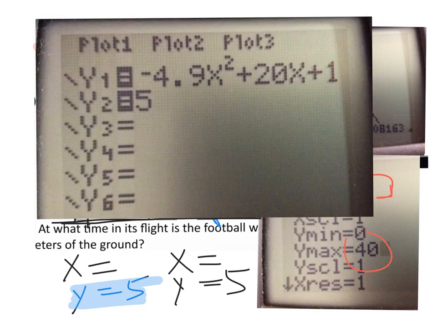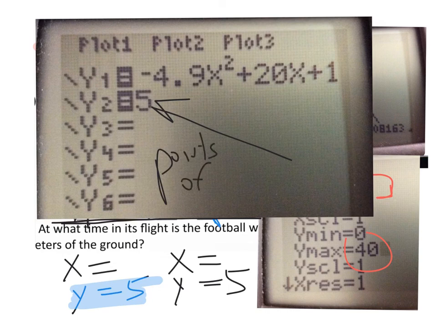So I'm going to keep y1 as the original equation, and now I'm going to create a y2 just when y is equal to 5, and I'm going to find the points of intersection of those 2 equations. And the answers to this question are going to be the x values for the points of intersection, because they want to know at what time into its flight is it 5 meters off the ground, and time is going to be our x values.